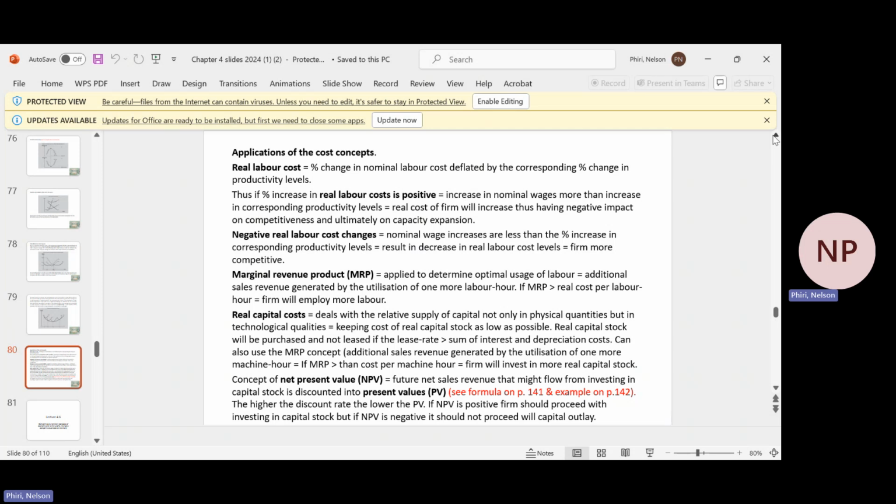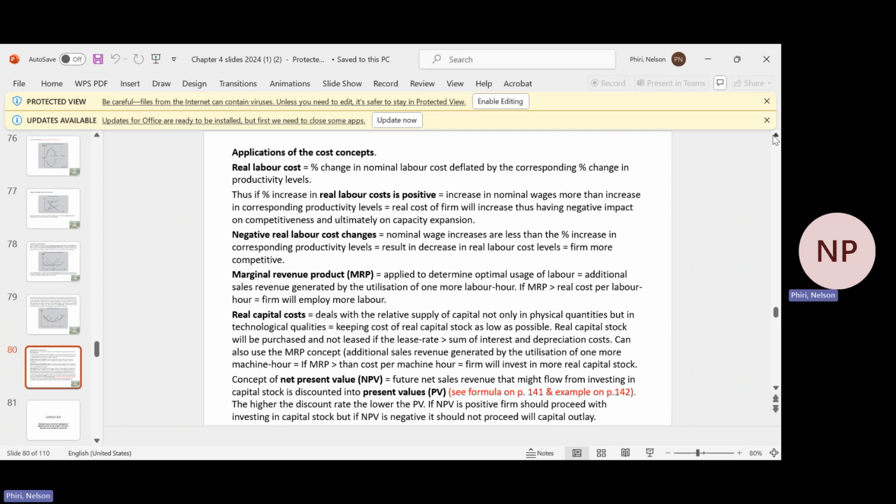So we can look at the real labor cost, where we look at the change in the nominal labor and then deflate it by the corresponding changes in productivity. So you want to see in real terms how your cost of labor is. The real labor cost is positive if the increase in the nominal wages is more than the increase in productivity, i.e., the cost that you're paying to your workers is more than what they are producing.